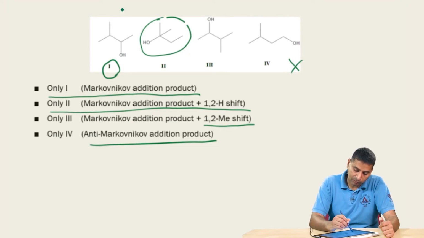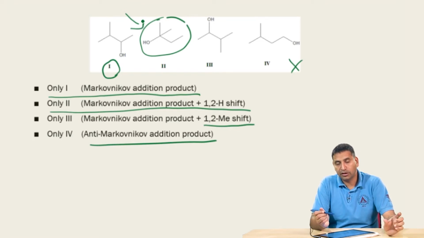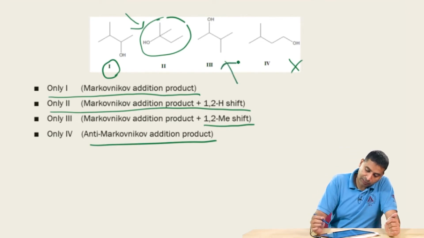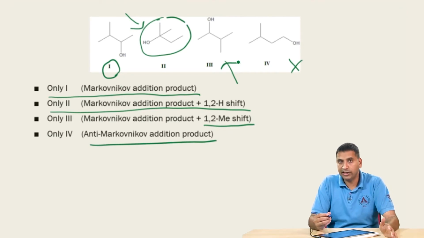So the more stable carbocation is basically giving you this product. Now, between a hydride shift and a methyl shift, one would argue that a hydride shift is more facile. The second thing is that the hydride shift actually gives you a tertiary carbocation, whereas in the case of product 3 you would end up with a secondary carbocation going to a secondary carbocation.